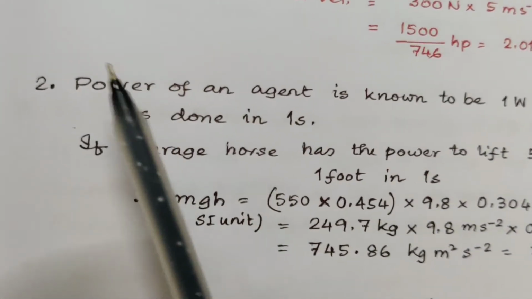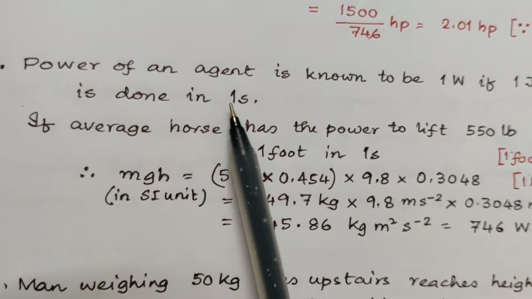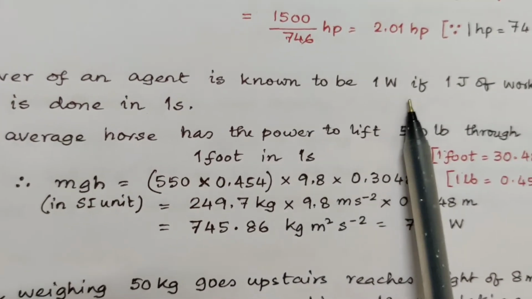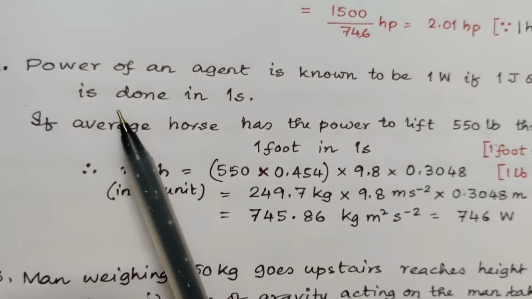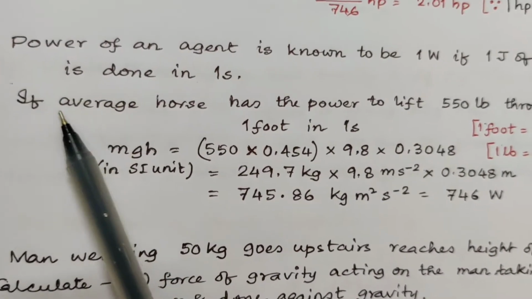So this is done. Problem number 2: power of an agent is known to be 1 watt if 1 joule of work is done in 1 second.